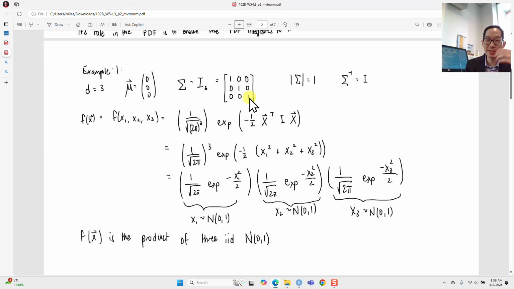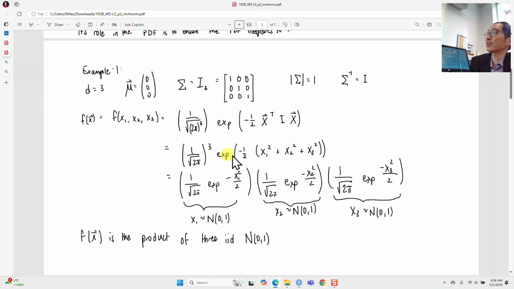And so if I were to do this, x transpose times the identity matrix, the inverse of the identity matrix is the identity matrix. So x transpose I times x just becomes x1 squared, x2 squared, and x3 squared, the sum of those things.